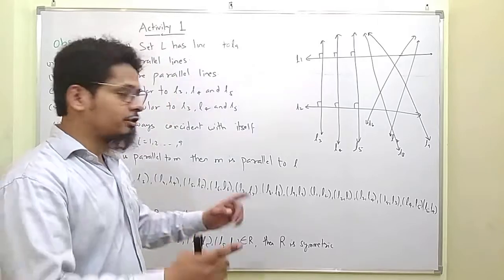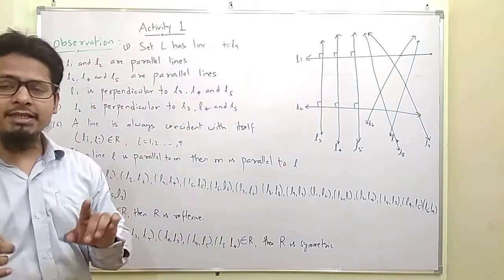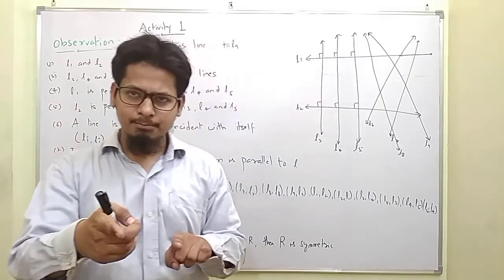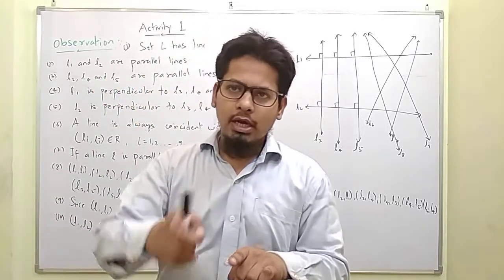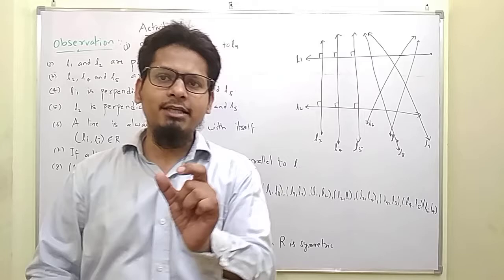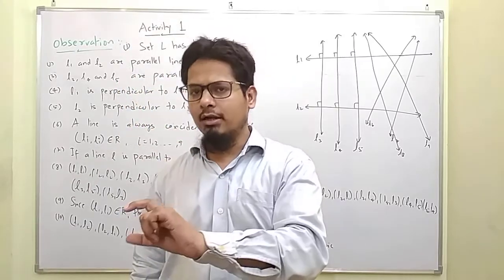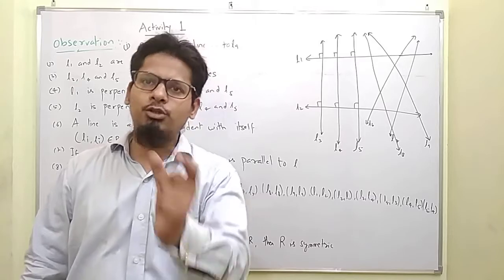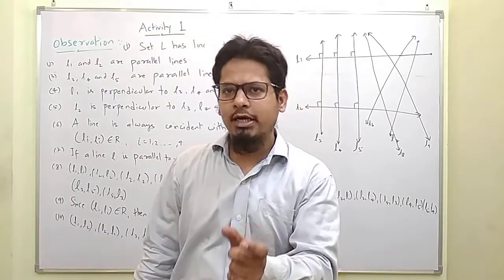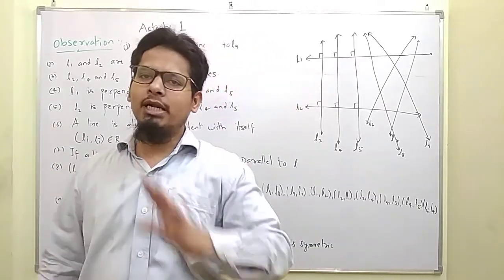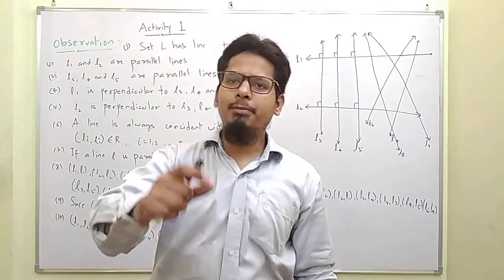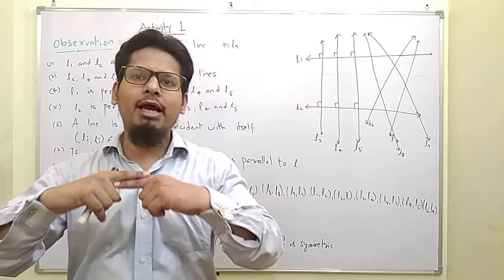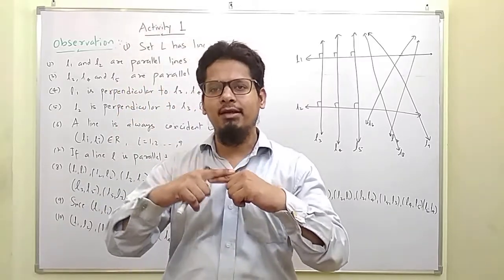Then we can say L1 R L1, L2 R L2, L3 R L3. What is R? R is either coinciding or parallel. So L1 is coinciding to L1, L2 to L2, L3 to L3, and so on up to L9, because every line is coinciding with itself.